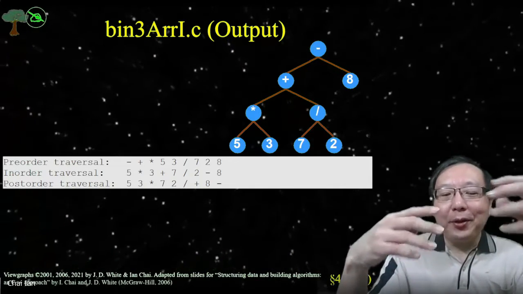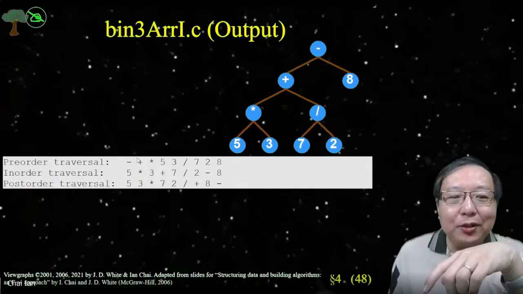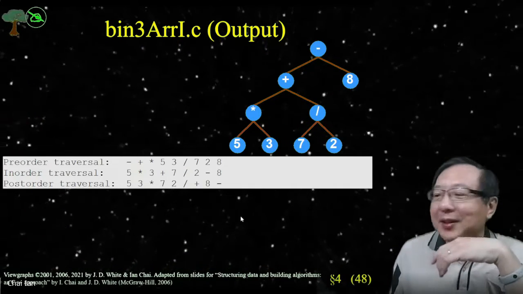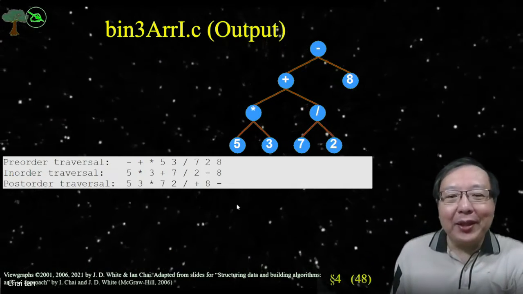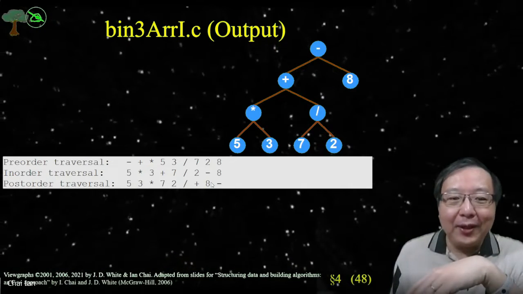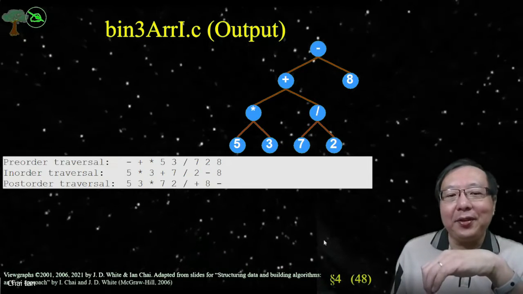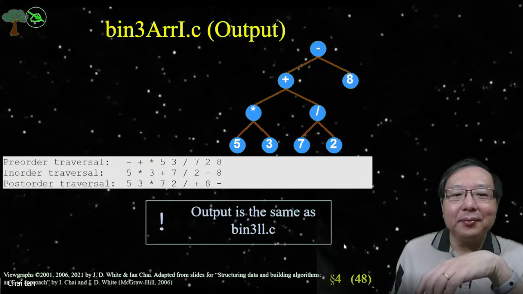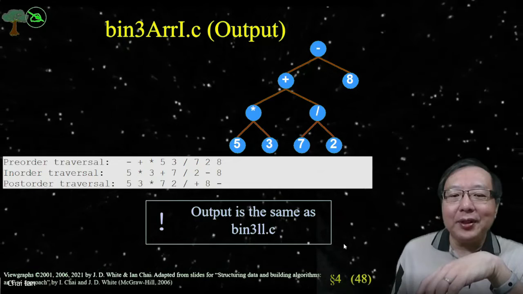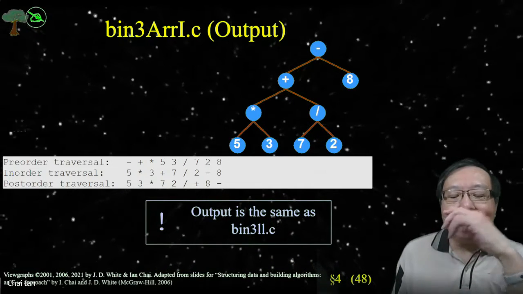We're not telling you how to implement. So when you use it the way it should do, then you get the same result. Whether I'm implementing it with linked list or with array, you get the same result. Only thing is that maybe the speed is slightly different. Okay, so output is the same as the bin tree version.